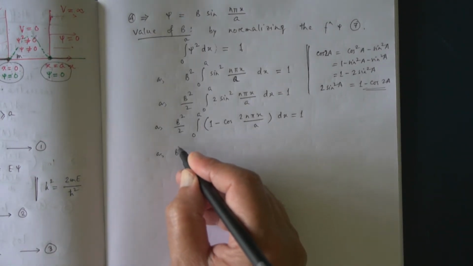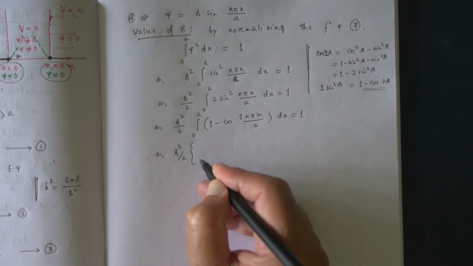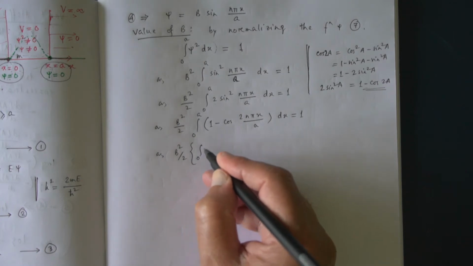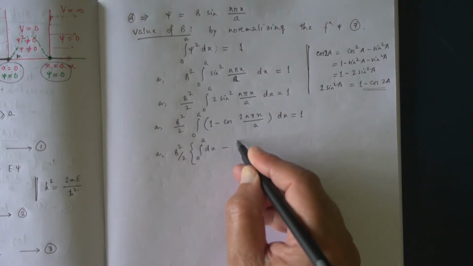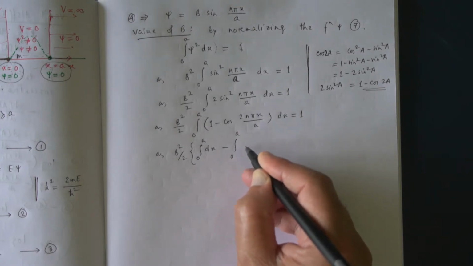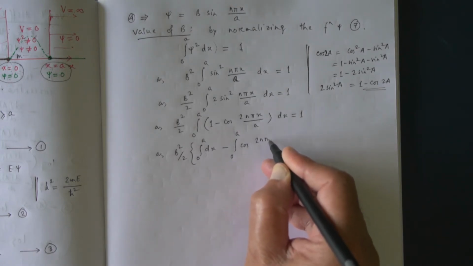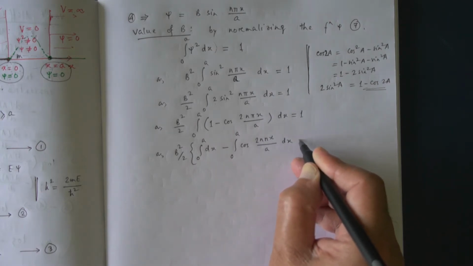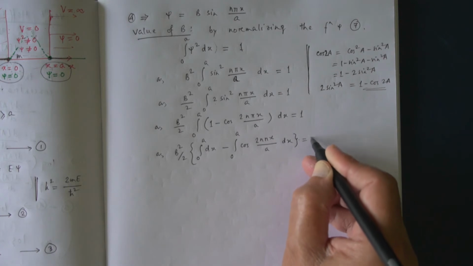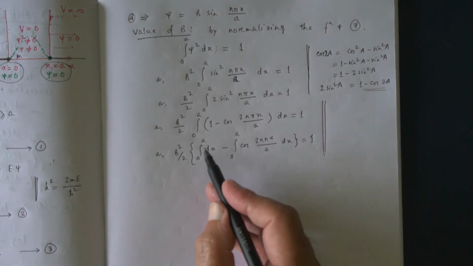Or b square by 2 times integration 0 to a dx minus integration 0 to a cos 2 n pi x by a dx equal to 1.